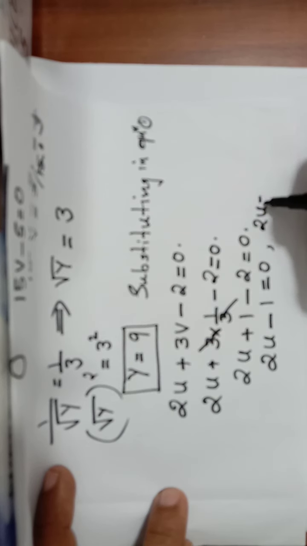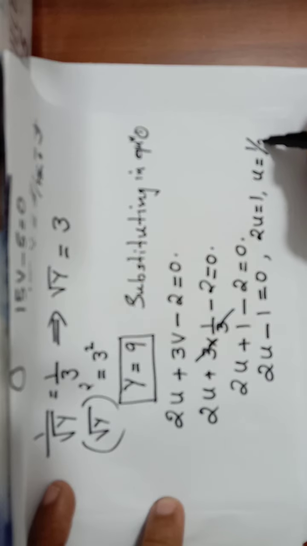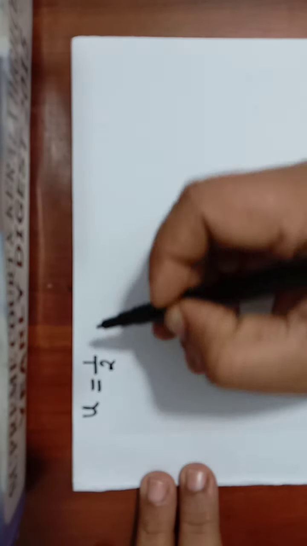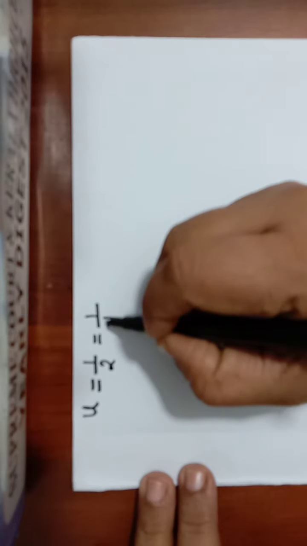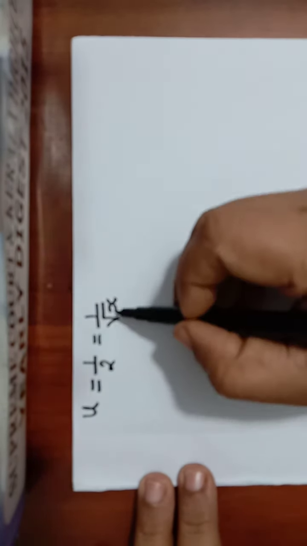2u equal to 1. Therefore, u is equal to 1 by 2. U equal to 1 by 2 means 1 by root x. U is 1 by root x. Therefore, we can equate these two.